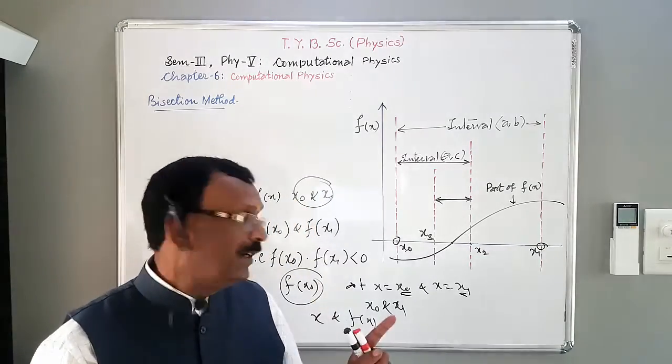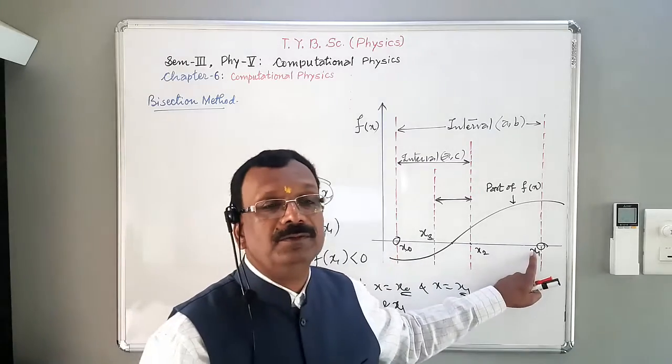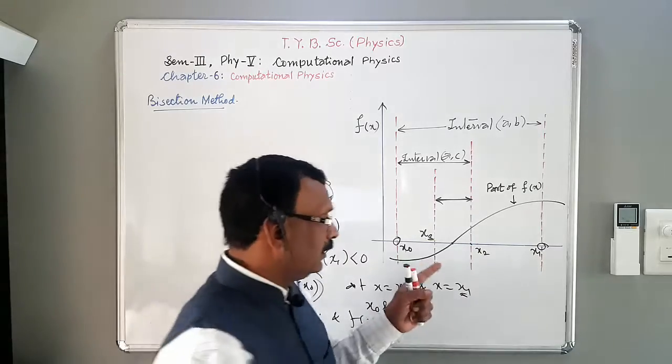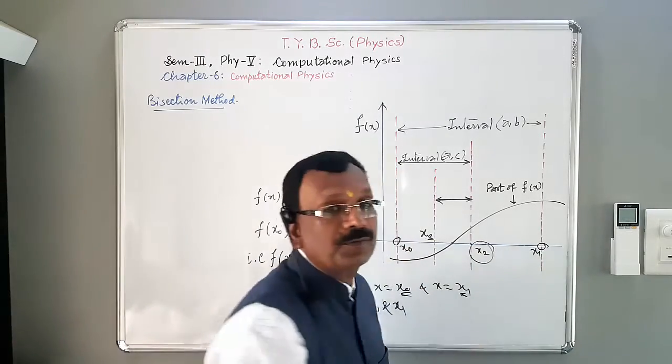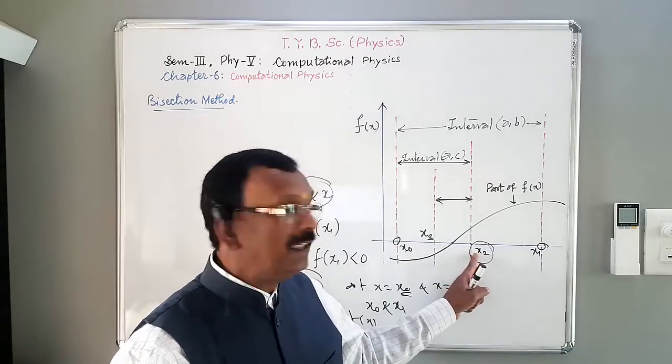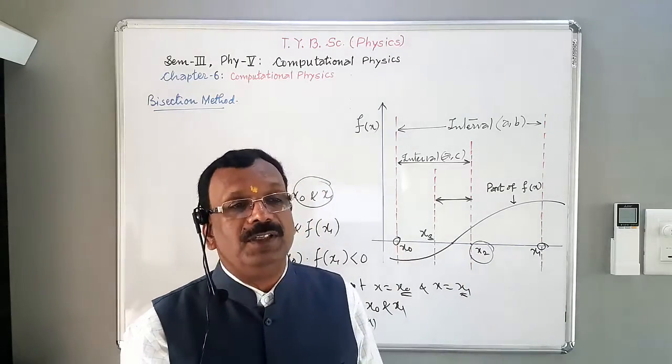Now we select 2 points x0 and x1 which enclose a root, suppose x2. Hence x2 lies in between x0 and x1.